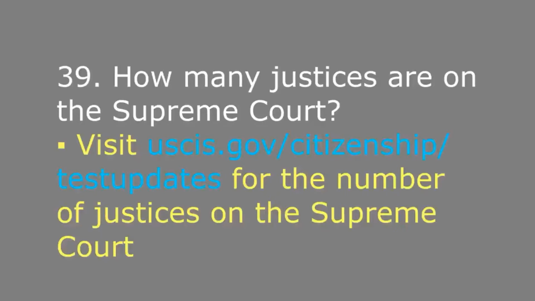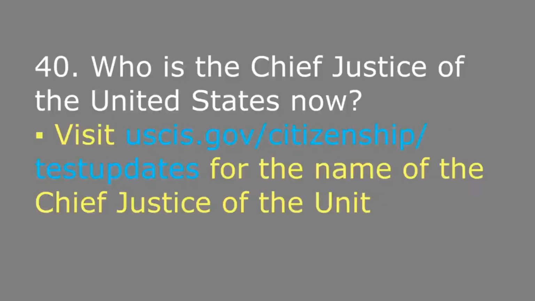How many justices are on the Supreme Court? Visit uscis.gov/citizenship/test updates for the number of justices on the Supreme Court. Who is the Chief Justice of the United States now? Visit uscis.gov/citizenship/test updates for the name of the Chief Justice of the United States.